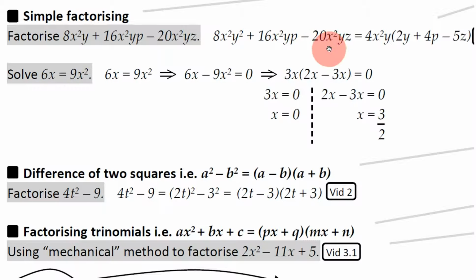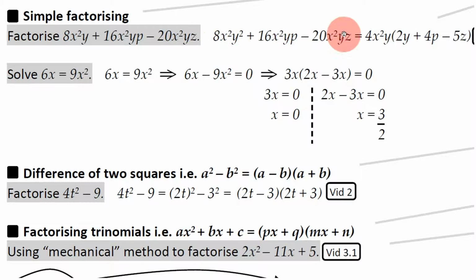This stuff, by the way, is the same as this stuff, just copied out again. What I'm going to do is find common factors within each of the products in the expression. So this is a product because everything here is timesing together. This is another product, and this is another product, all separated by plus or minus. So it's easy to distinguish between the different little groups.